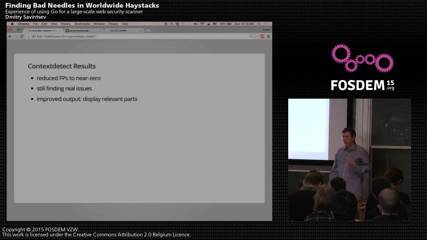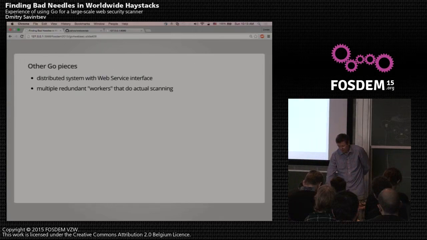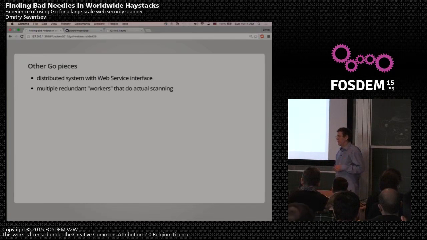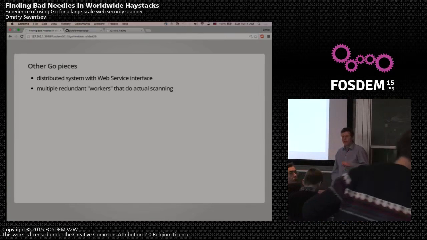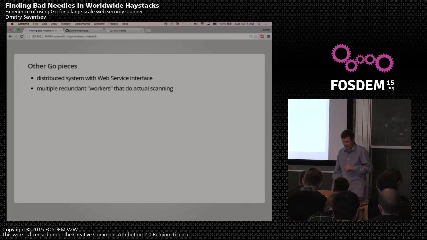Also the output improved because we can take the relevant parts from the context, like the previous context part of the breakage. The scanner with context detect is now part of the CD pipeline, and it scans all the websites that go out from developers. So you can say that Go has a role to play in keeping lots of Yahoo sites secure.